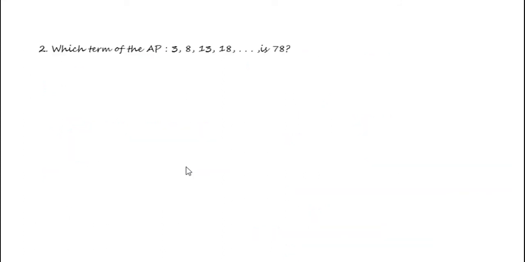Which term of the AP 3, 8, 13, 18 is 78? Which term? We need to find out what is n. A is given, A equal to 3. Common difference, D equal to 8 minus 3, that is 5. The nth term, AN, is given as 78.